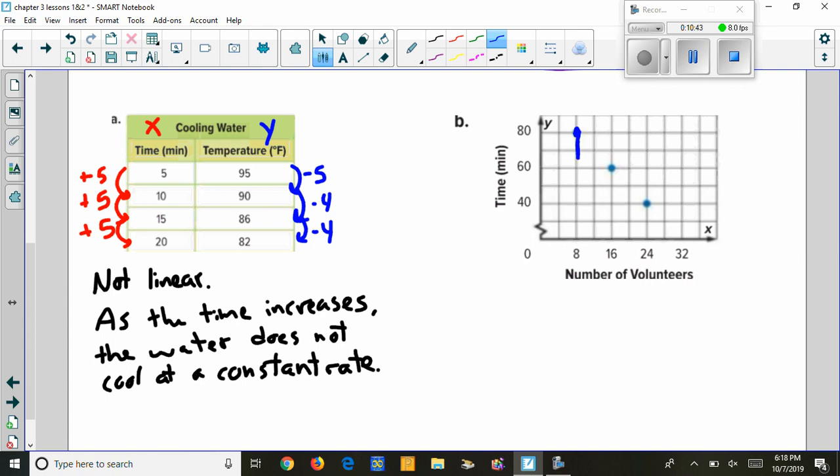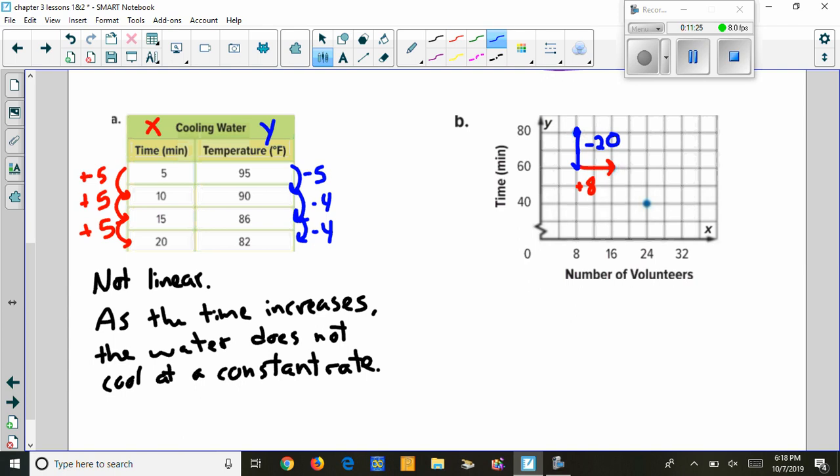Well, I have to go down 2 spaces, but what I want you to notice is they didn't count by ones when they made this graph. They counted by tens. So actually, I went down 20. So that's minus 20. From here, I have to go to the right 2 spaces. But again, they didn't count by ones here. They counted by fours. So I went to the right, so positive 8.